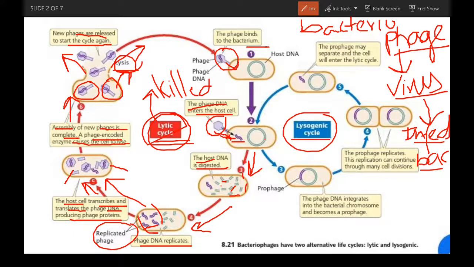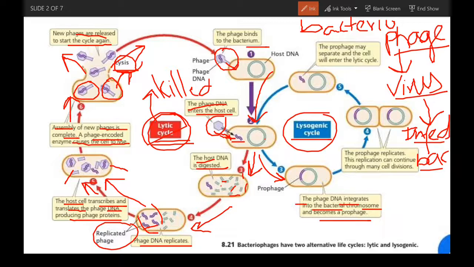While in the lysogenic cycle, the bacteria does not die, right, until it enters into the lytic cycle. So in the lysogenic cycle, similarly, there is this host cell. Then the phage DNA enters into the host cell. Then the phage DNA integrates into the bacterial chromosome and becomes a prophage.